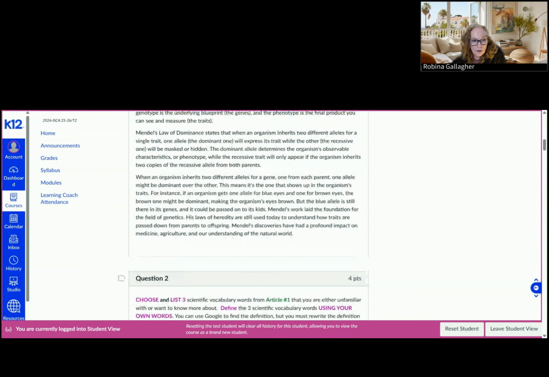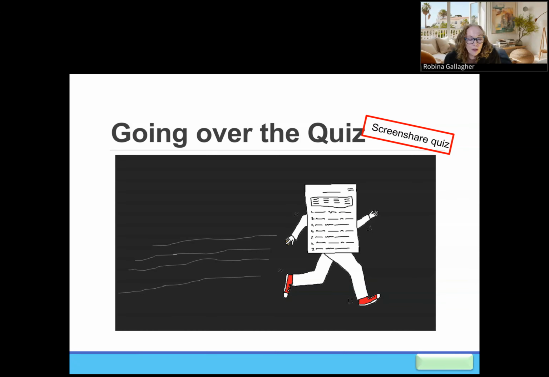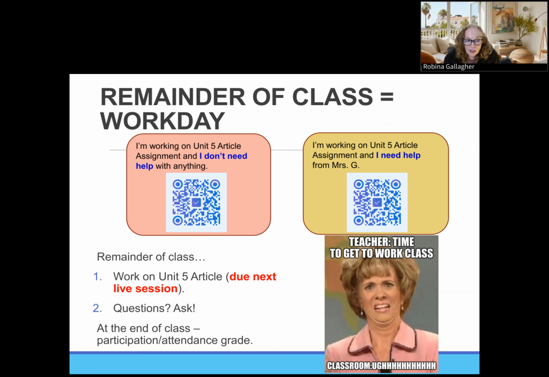Okay, so that is the section of this article that we're going to work on today. So questions 1 through 8, and they're all focused on this one article that I just read. Tomorrow we will finish it.